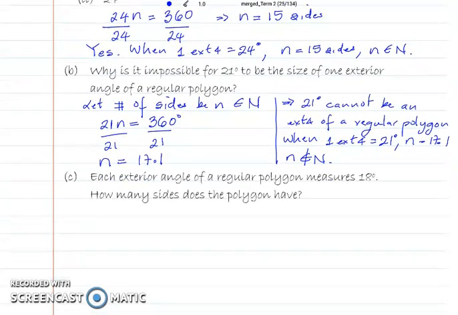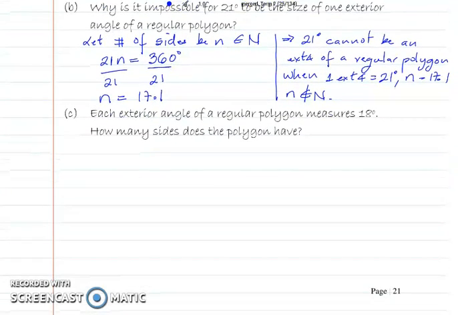All right. C says each exterior angle of a regular polygon is 18 degrees. How many sides does this polygon have? If each exterior angle is 18 degrees, I could say let n be the number of sides, which is the same as the number of exterior angles.